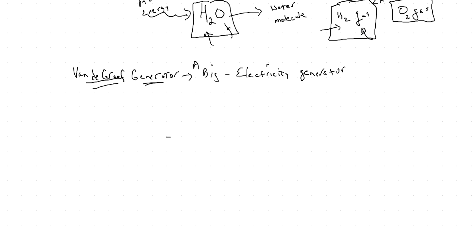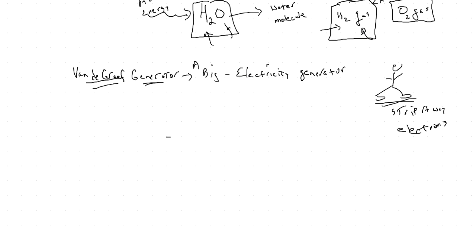Remember when you walk across the carpet? If you walk on the carpet, what you're doing is you strip away electrons. You end up with a big positive charge.